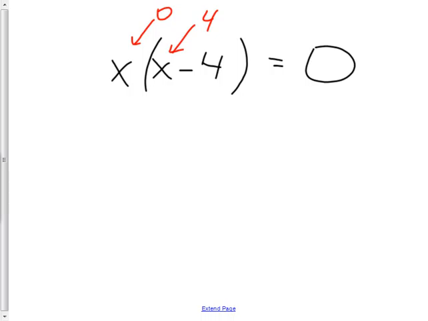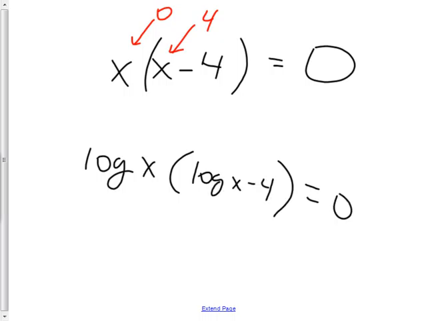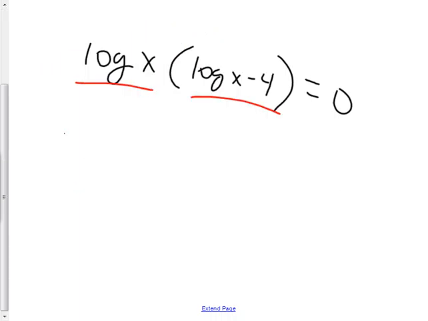Then what are you going to do when this is the problem? Log x times log x minus 4 equals 0. You're going to think back to, oh, this is just like this kind. So I just set this equal to 0 and this equal to 0. Would you please, on your paper, write log x equals 0 and figure out what the answer is?